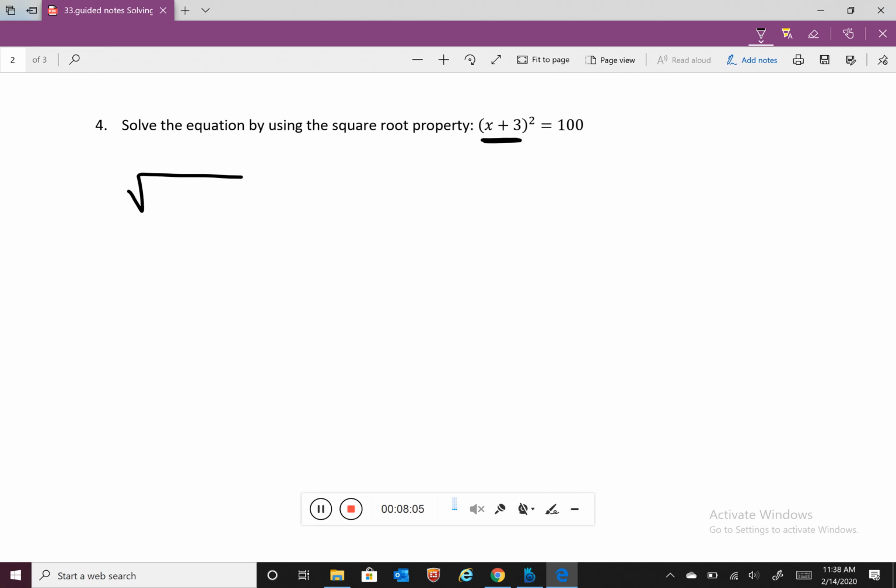So we have the square root of x plus 3 squared is equal to positive or negative square root of 100. So the square root undoes the square power and leaves us with x plus 3 equals plus or minus, and the square root of 100 is 10.